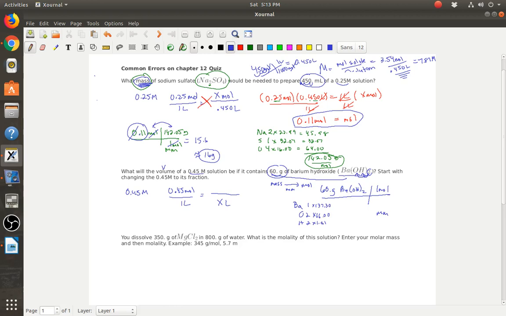Remember, I get all these off the periodic chart. You have to multiply that by 2 to get 32.00, and this is 2.02, and that's just 137.30. So I add that all together, 137.30 plus 32.00 plus 2.02, 2 times 1.01 is 2.02. I get 171.32 grams per mole.